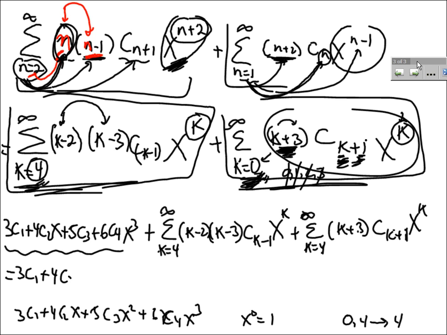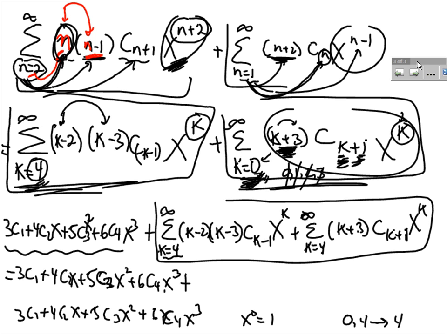I write down the first few terms that I have in front. I suspect this was supposed to be x squared. Now, plus this mess.